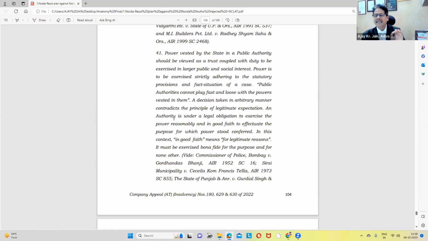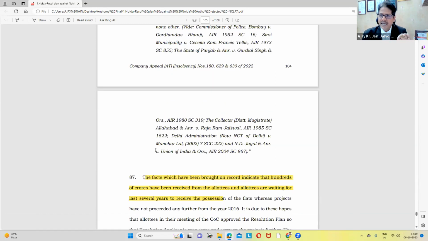NCLAT found that there is a violation of law because without the consent of the Noida Authority, how this land can be transferred. So NCLAT has taken the holistic view here.